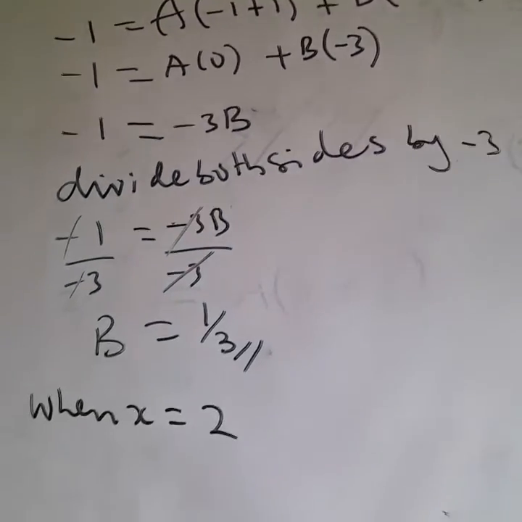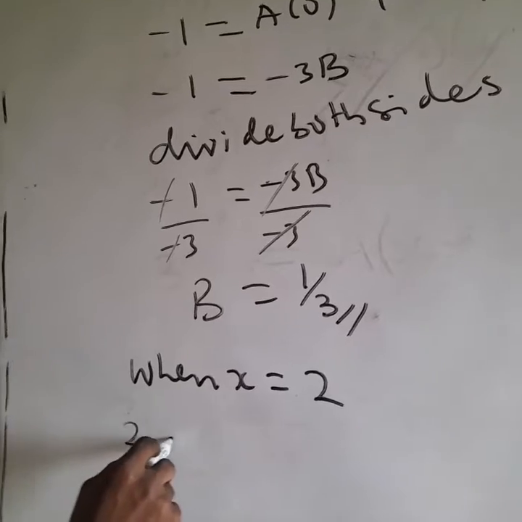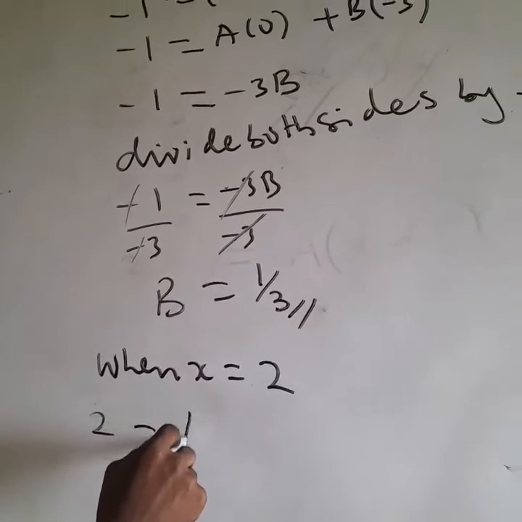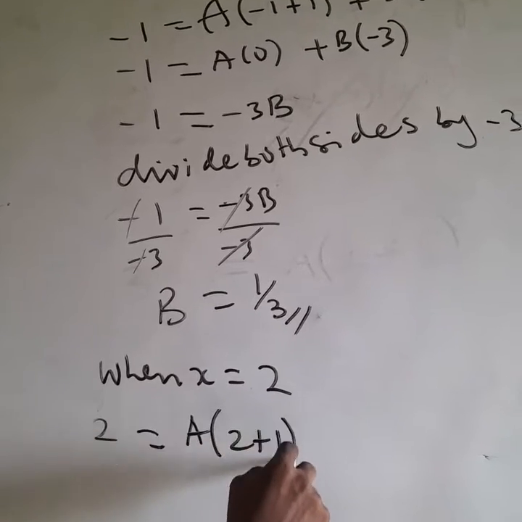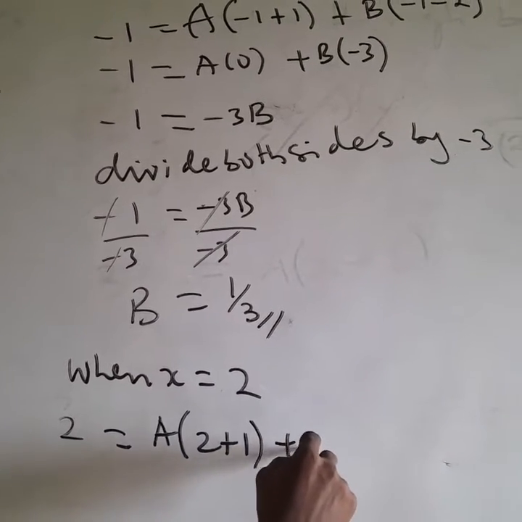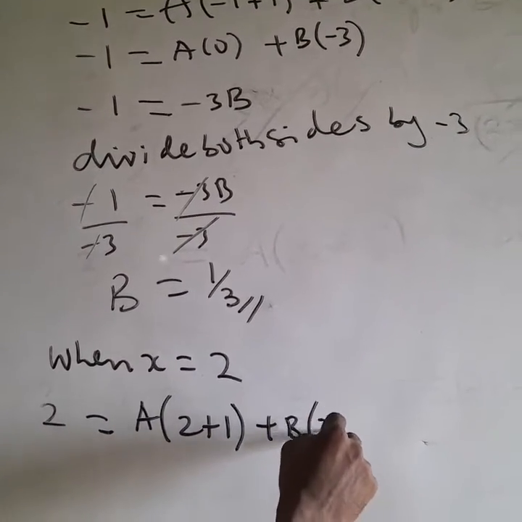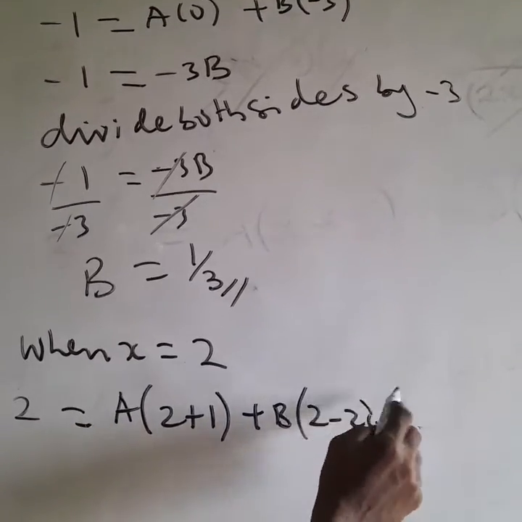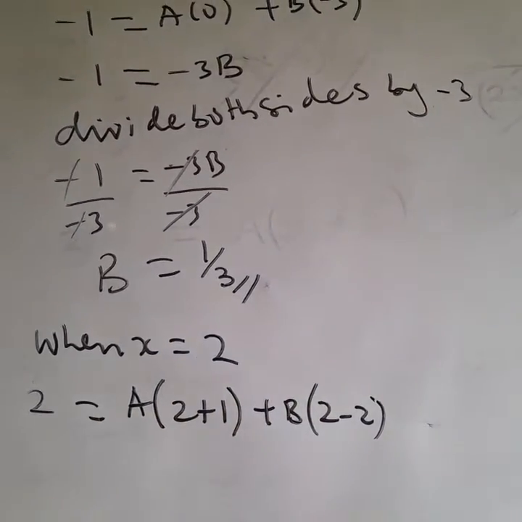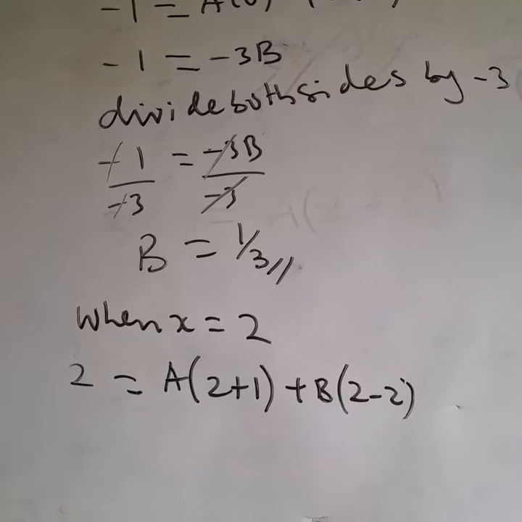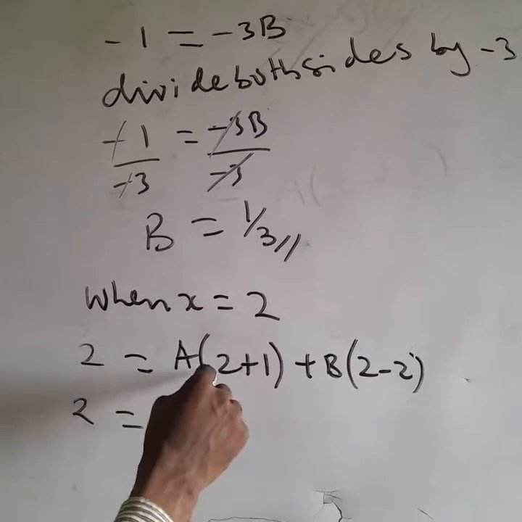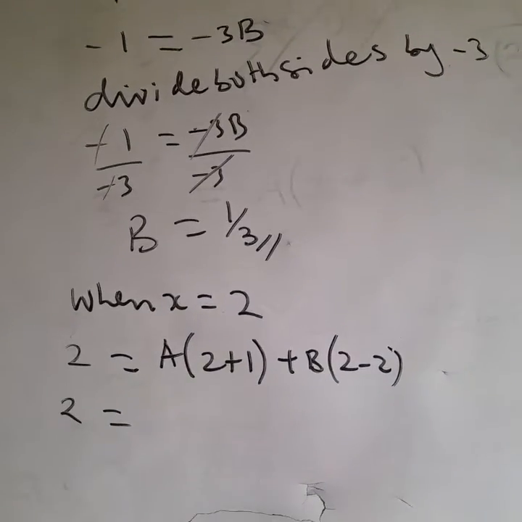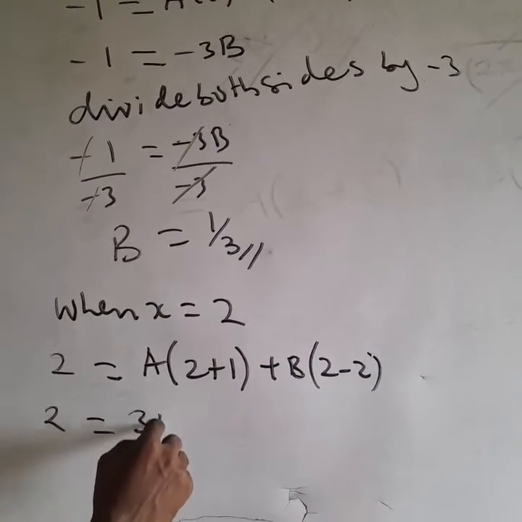Anywhere we see x, we put 2: 2 equal to a into 2 plus 1, plus b into 2 minus 2. 2 minus 2 is 0, 0 times b is 0, so we have 2 equal to 1 plus 2 is 3. 3 times a is 3a.